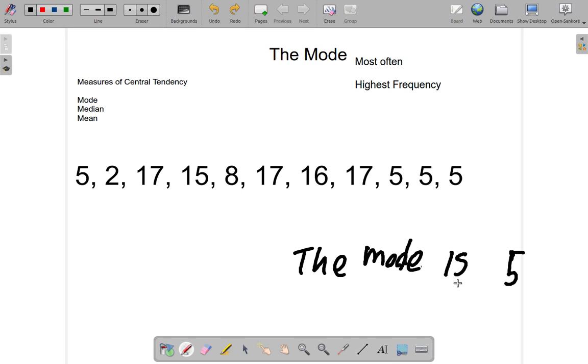The mode is important. If, for example, you want to set up an auto parts store in a certain town, you will invest more in the parts of the cars that you see more often in the town. The most common cars, you buy more parts for. For example, you see more Toyota Corollas than any other car, you will invest in more Toyota Corollas.